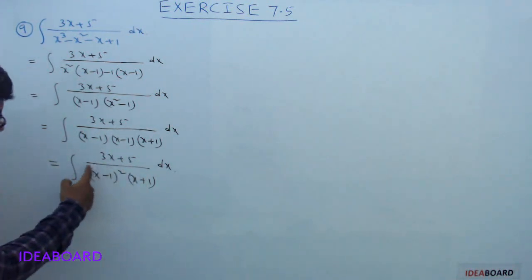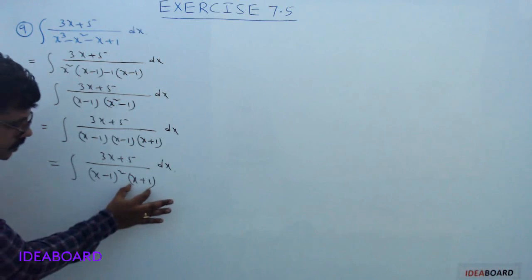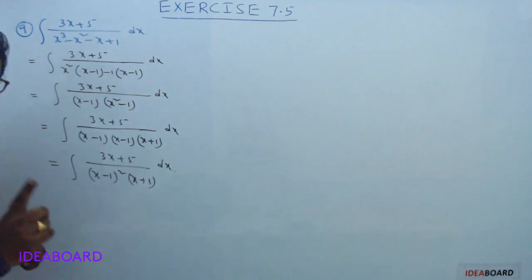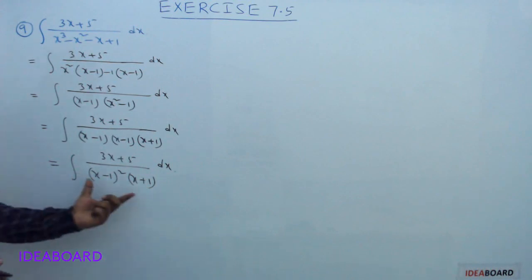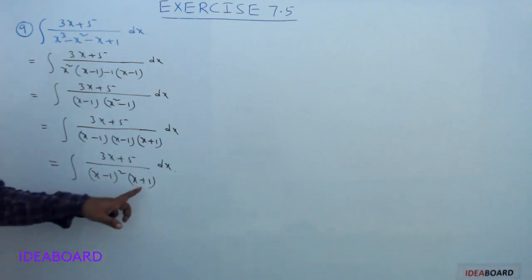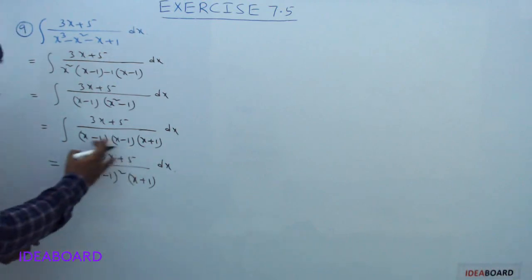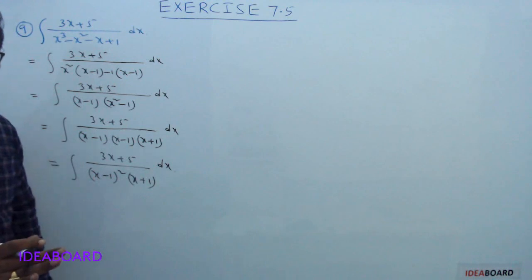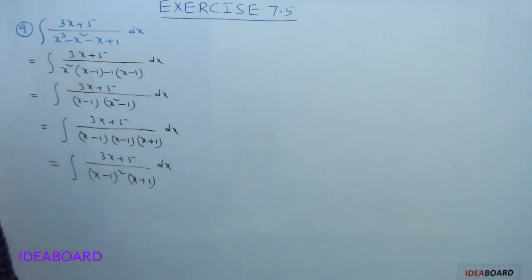So x minus 1 whole square is called a repeated linear factor. Then x plus 1 is called a non-repeated linear factor. So the denominator contains repeated linear factors and non-repeated linear factors. So this integrand will belong to type 1 and type 2 partial fractions.